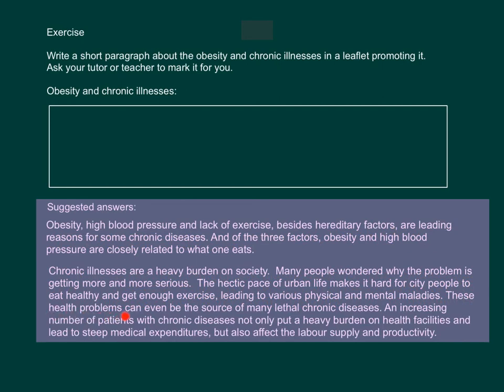These health problems can even be the source of many lethal chronic diseases. An increasing number of patients with chronic diseases not only put a heavy burden on health facilities and lead to steep medical expenditures, but also affects the labor supply and productivity.